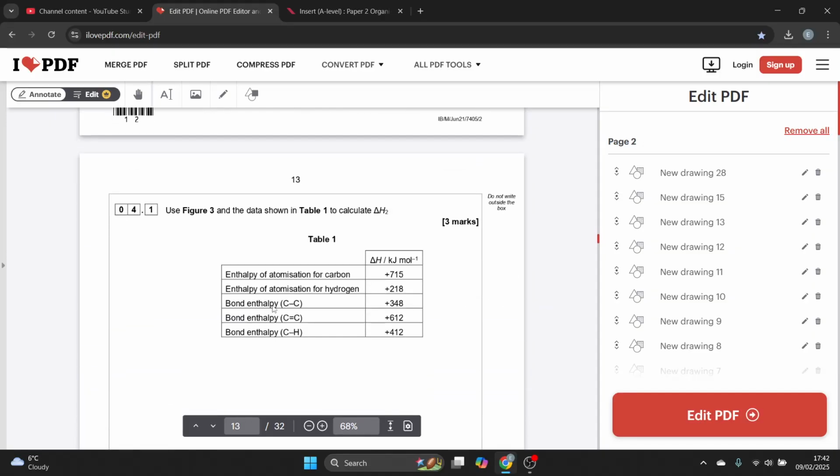Question 4. Use figure 3 and the data in table 1 to calculate delta H of 2.